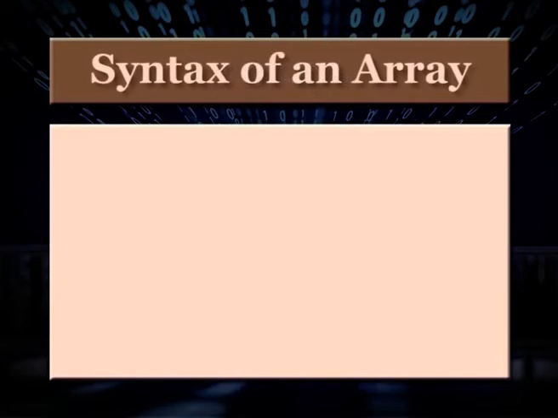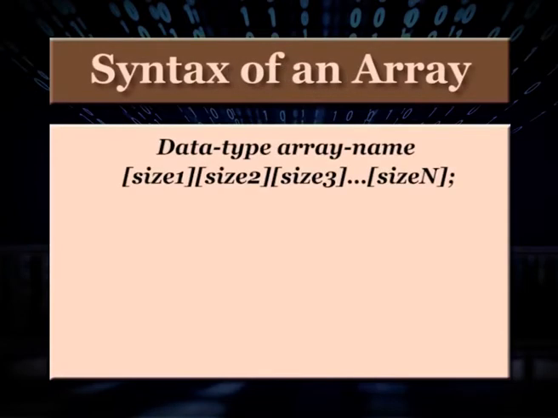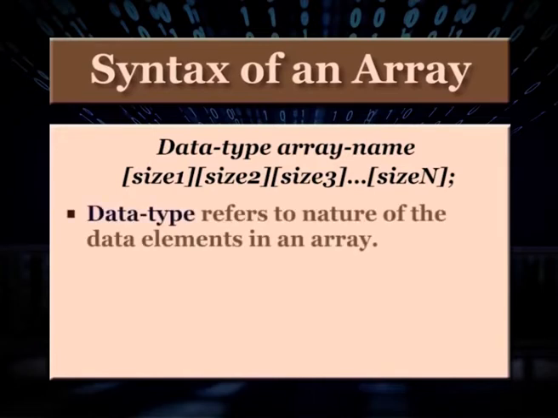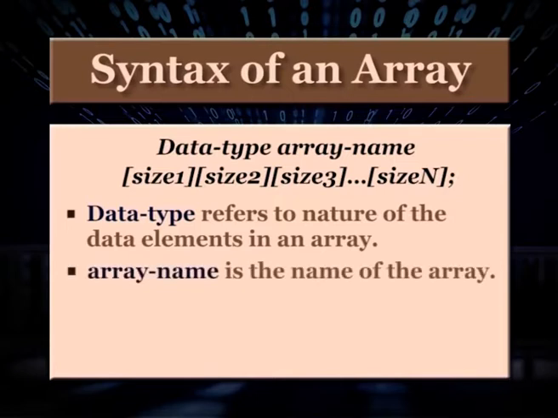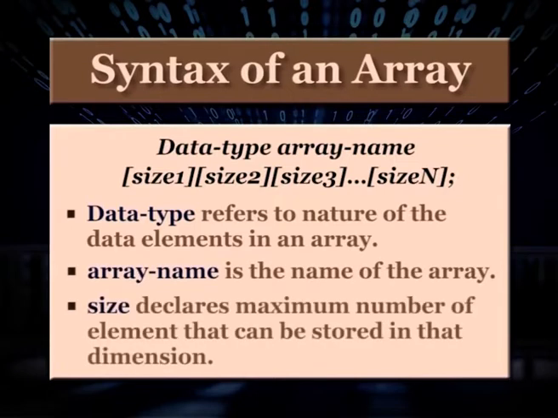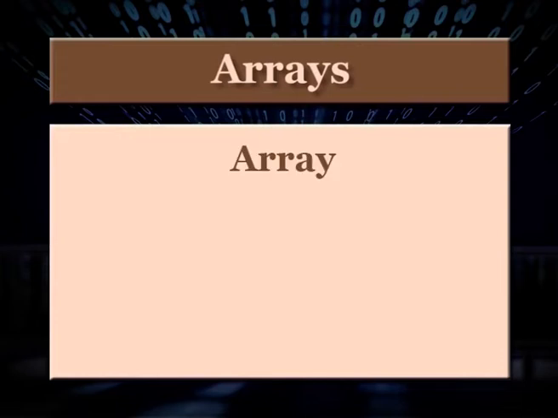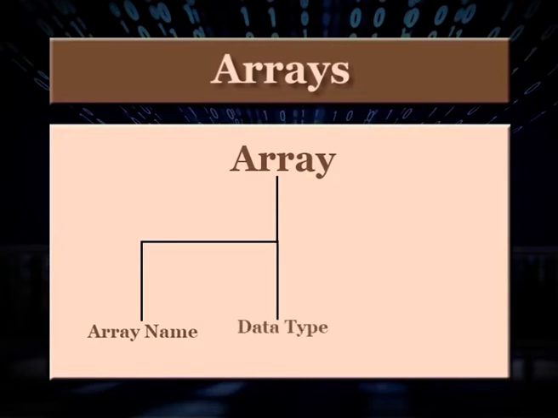The syntax of an array is as shown, where data type refers to the nature of data elements in an array. Array name is the name of the array. Size declares the maximum number of elements that can be stored in that dimension. Thus, array declaration helps a compiler to have information about the array name, the type of data to be stored in an array, the dimension of the array and the array size.